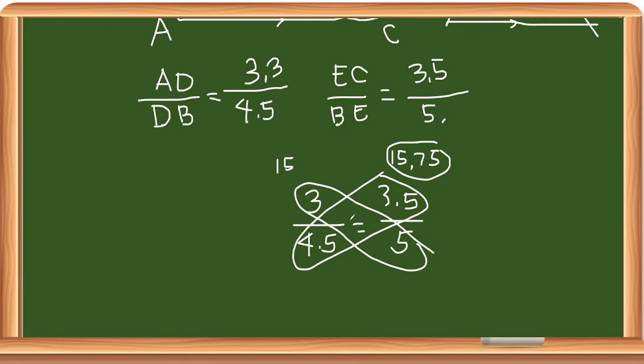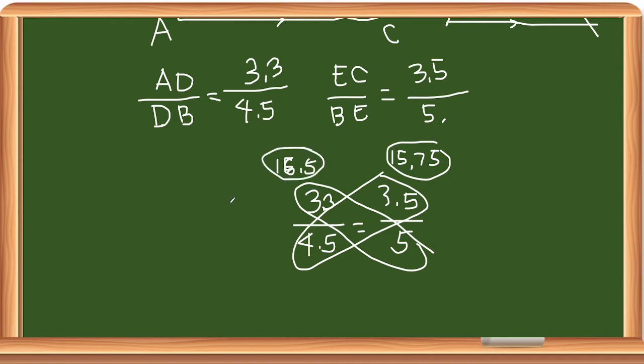Okay, so let's have 3.3 here. So hindi siya 15, no? So let's try to multiply 3.3 times 5. 3.3 times 5 is 16.5 naman. It's okay. So approximately 16 and approximately 16, okay?